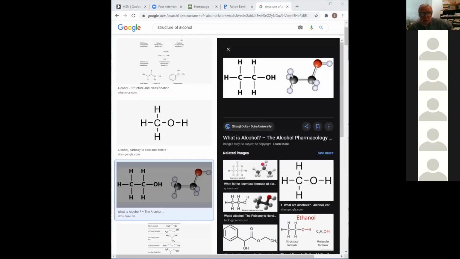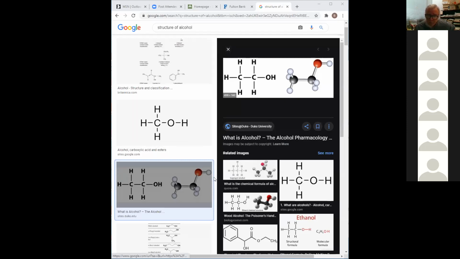So here's one answer to that, and as I said, it's a very popular molecule, perhaps too popular. I partake a little bit too much of this particular molecule, and some of you in the room are not old enough to legally partake of this molecule.